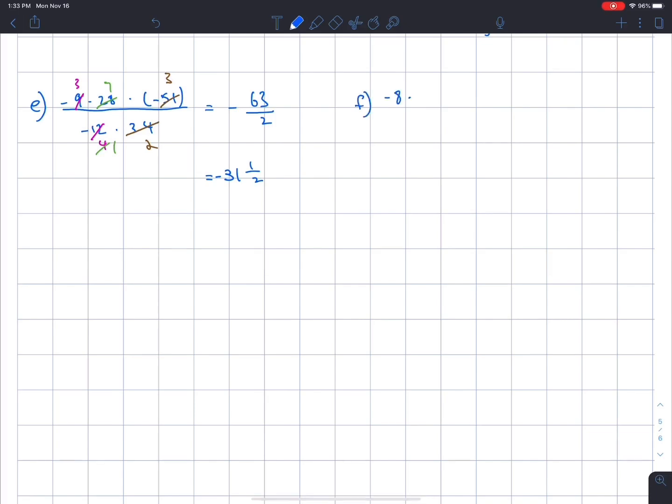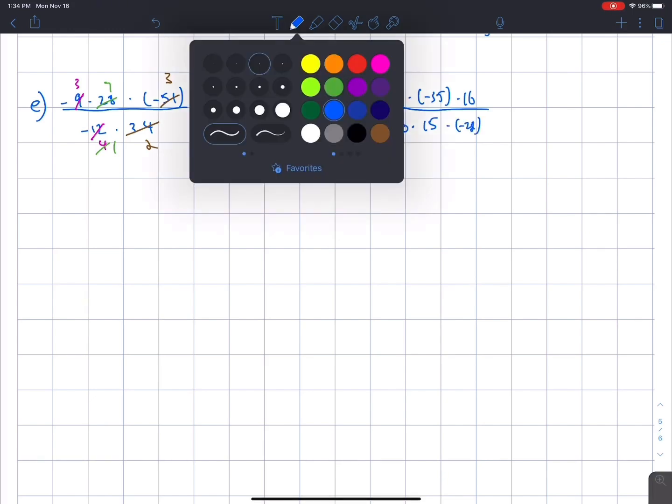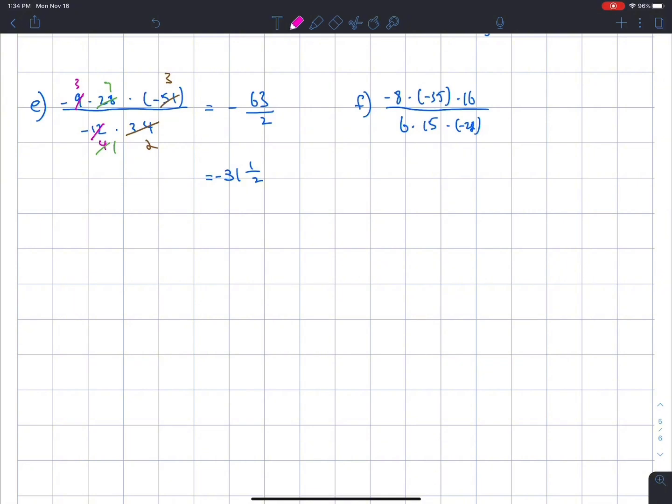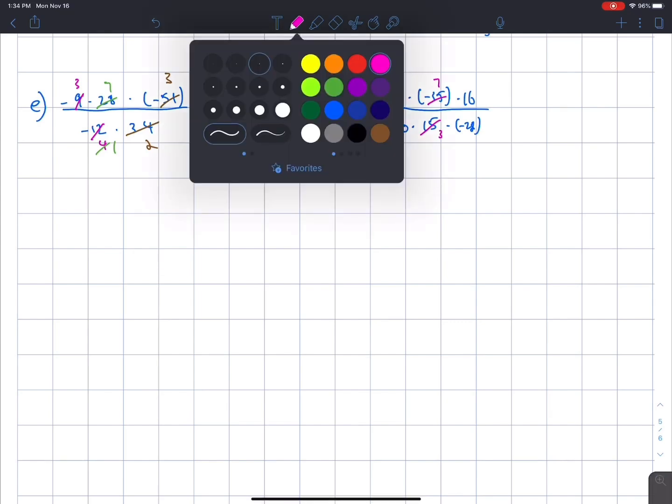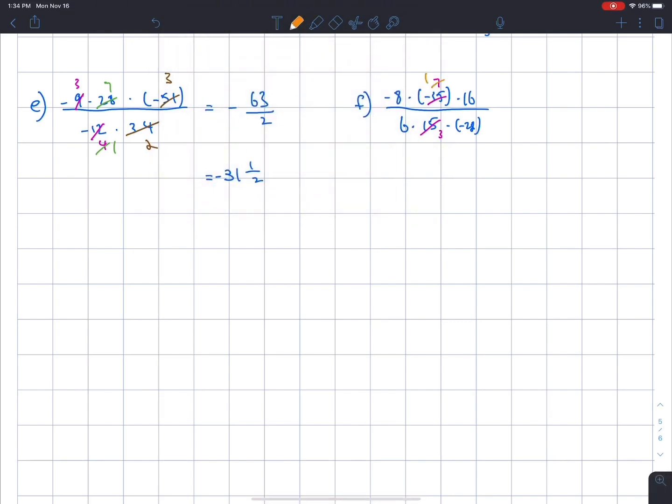negative 8 times negative 35 times 16 over 6 times 15 times negative 28. We can divide 15 by 5 to get 3, 35 by 5 to get 7, divide 7 by 7 to get 1, 28 by 7 to get 4.